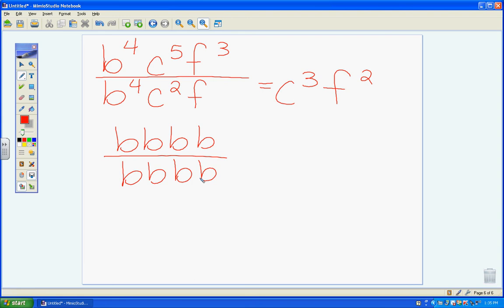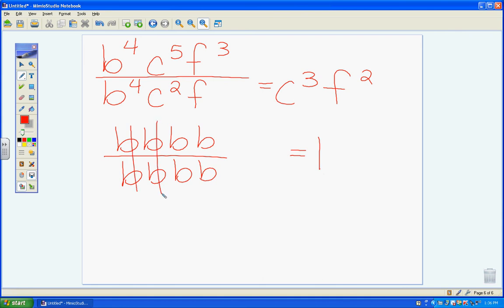Say this was 2: 2 times 2 times 2 times 2. 2 times 2 is 4, times 2 is 8, times 2 is 16. So if I have a 16 here and a 16 here, what does that reduce to? 1. So we know this equals 1.